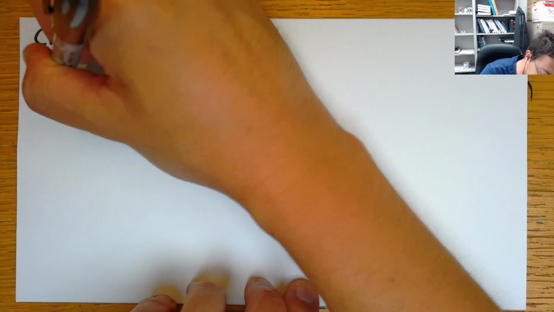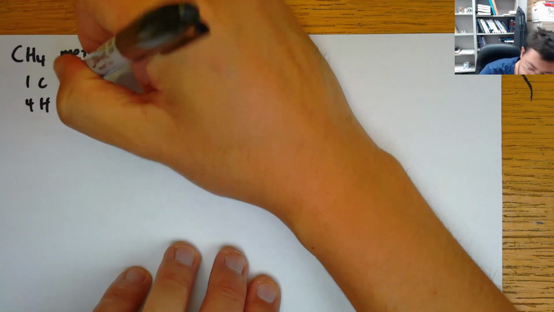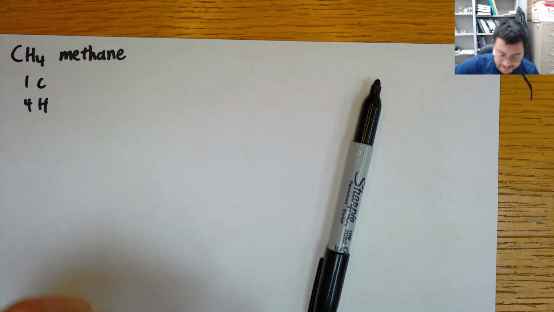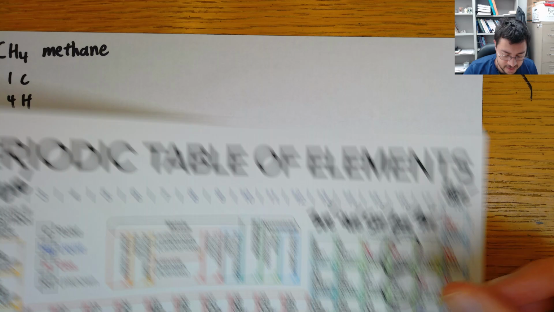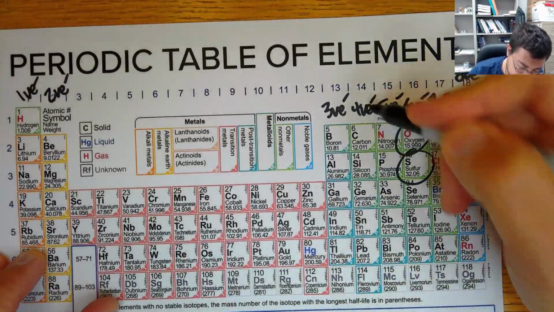All right. So we got methane, 1 carbon, 4 hydrogens. Get your valence electron sheet handy, also known as a periodic table. Carbon's in the 4 column.